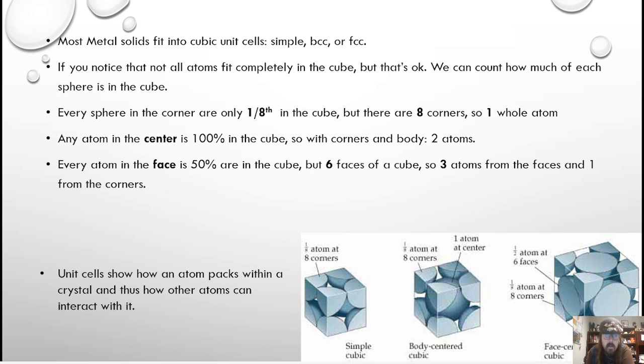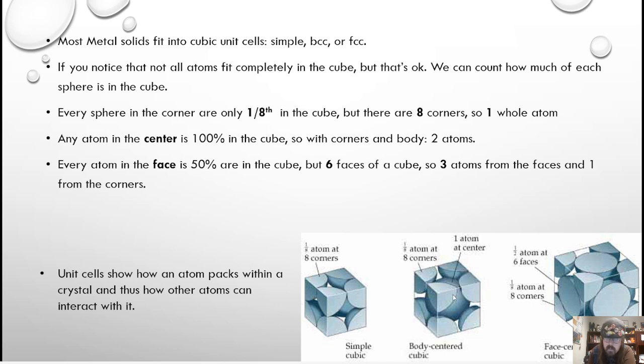So essentially, every corner adds up to one full atom within the cell. If you stack this bottom cube next to the other cubes, 7 other cubes, they would add up to be one whole atom.